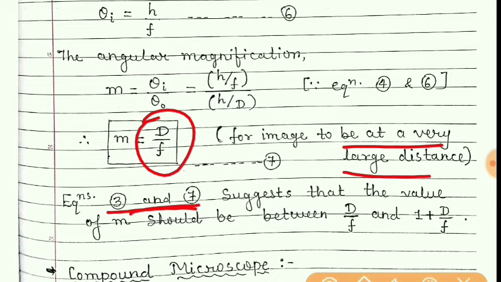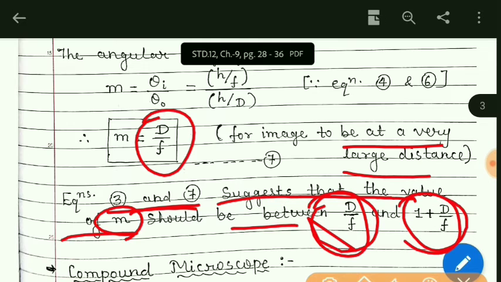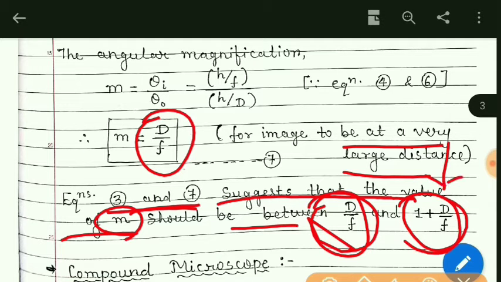So both these equations suggest that the value of the magnification should be between d by f and 1 plus d by f. This d by f is when the image is formed at a very large distance, and this 1 plus d by f means when the image is formed at a near point. So definitely magnification should be between these two values.